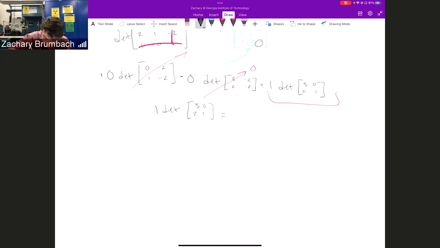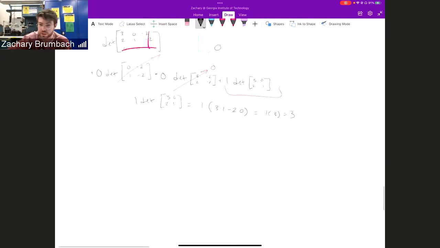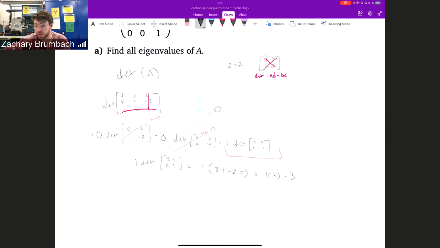Using our formula, that's 1 times 3 times 1 minus 2 times 0, which is just 1 times 3, or just 3. That's how we boil down and find the determinant of our matrix. Questions on this and how to take a determinant of something bigger than a 2 by 2? Cool. All right, move this to the side.